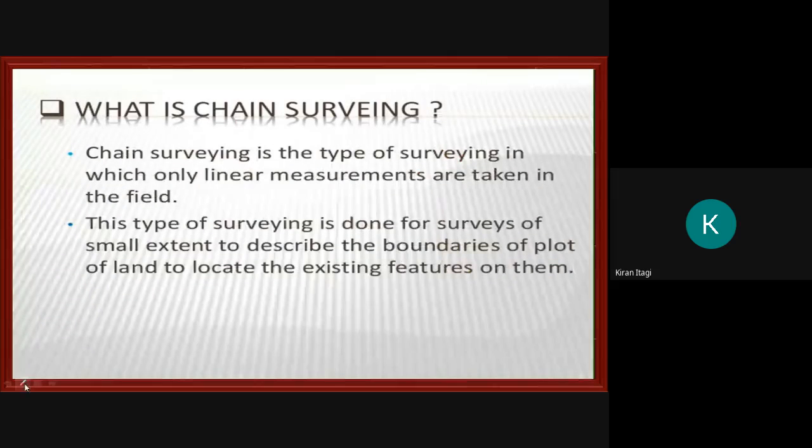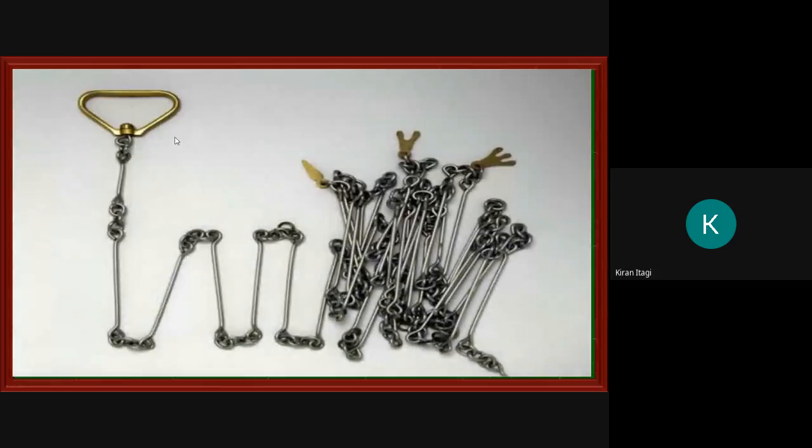So up to now, we have seen about ranging. Now we will see about chain surveying. So what is chain surveying? You can see this is a chain, right? It may be around a 20-meter chain or 30-meter chain. Sometimes it will be 100 feet, 66 feet.